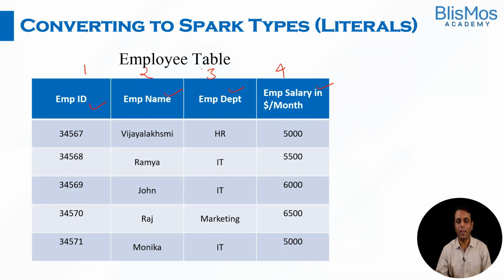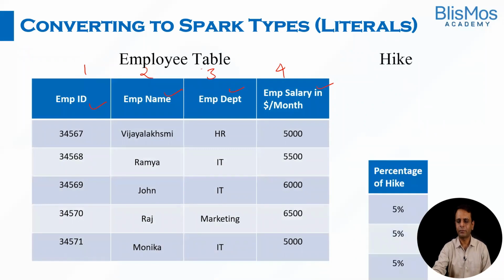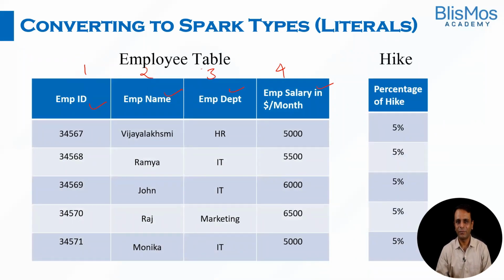The companies giving the hikes are fewer, but still some of the companies are giving hikes to their employees. Assuming that the company has to give the same amount of hike to all their employees, like some 5%. Is that enough for you? I know that you would like to have more hike, but considering this particular problem, all the employees in a company want to have a 5% hike.